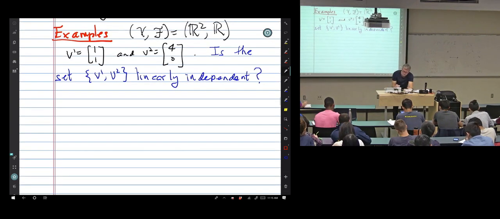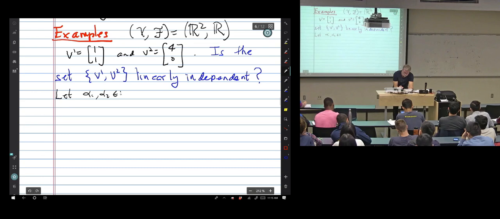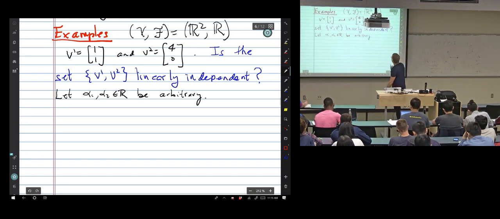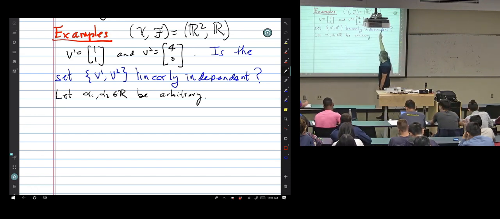All of the solutions look like this. Let alpha 1, alpha 2 in R be arbitrary. So you take arbitrary elements of your field. We're doing the real numbers.